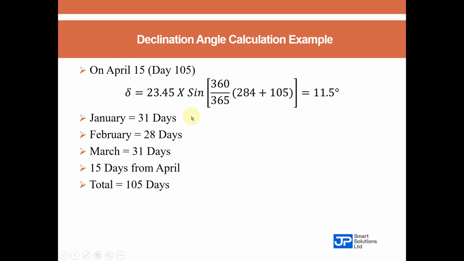So it is important to note that when we have 23.45 being positive, we have the largest solar hours and we have the largest output power. But when we have the declination angle to be negative 23.45, we have the lowest solar hours and the lowest output power.